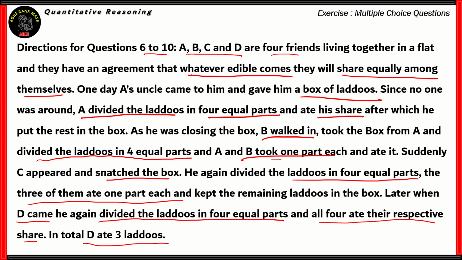Now, at first glance, it appears simple. Whatever the total number of laddus would be, it is 4 times the number of each person's share. However, if you look at the question again, the division of the laddus into 4 parts happens 4 times. So when A was given the total box, A ate 1/4 of that box.